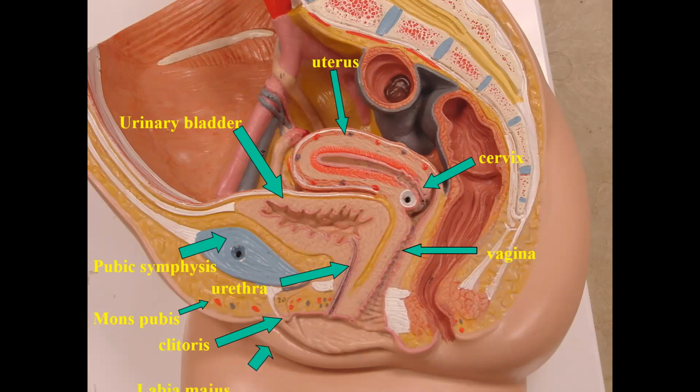Now these structures here are called the labia, these outer and inner folds, called the labia majora and the labia minora. The clitoris is found at the junction of the labia minora on the anterior surface, towards the front, right there. And these folds protect the area of the opening of the urethra, the clitoris, and the vagina.